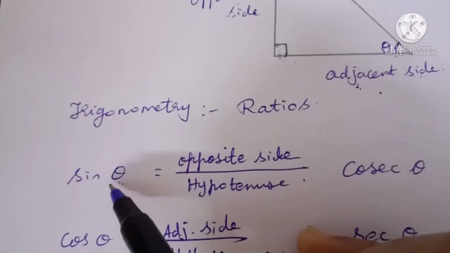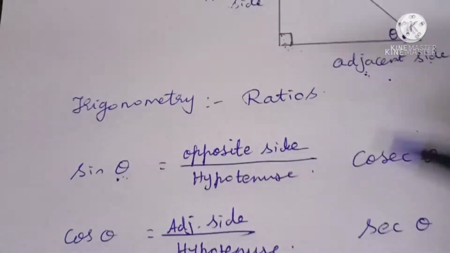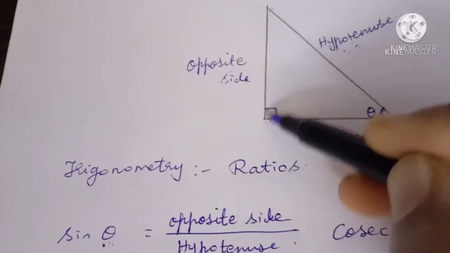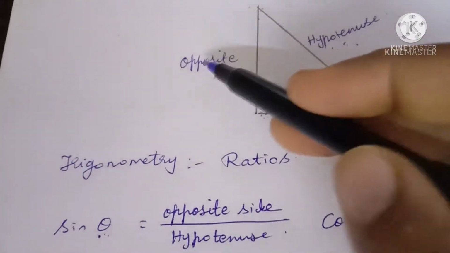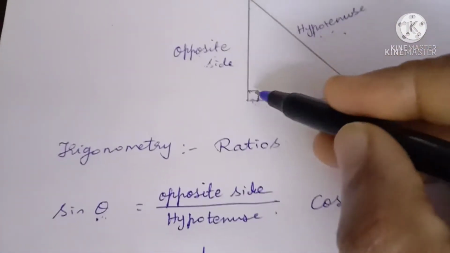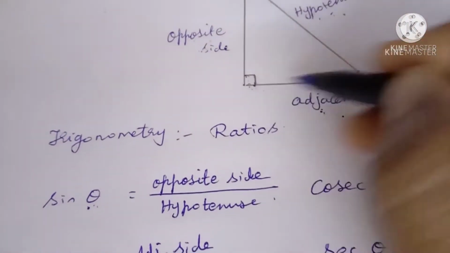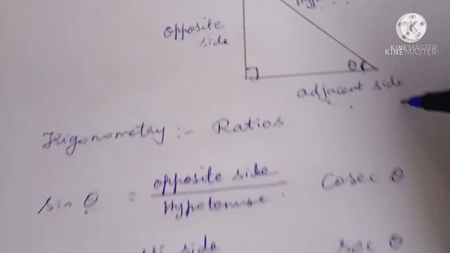So again I am repeating, in a right angle triangle, one angle we are taking as theta. Opposite to the right angle is the hypotenuse, and opposite to theta is the opposite side, and the side which has 90 degrees and theta, that is your base, is called the adjacent side.